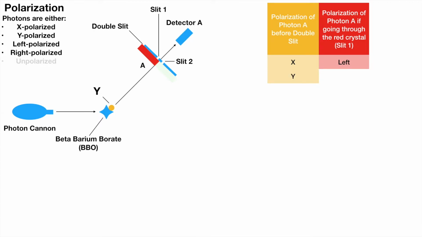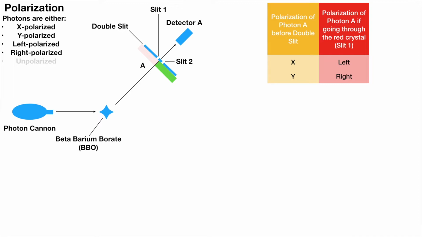Now let's do the same thing with a Y polarized photon. This time it will be right polarized. So to summarize, the red crystal changes the polarization of a photon, making an X polarized photon left polarized and a Y polarized photon right polarized. Okay, now let's take a look at the green crystal in front of slit 2.